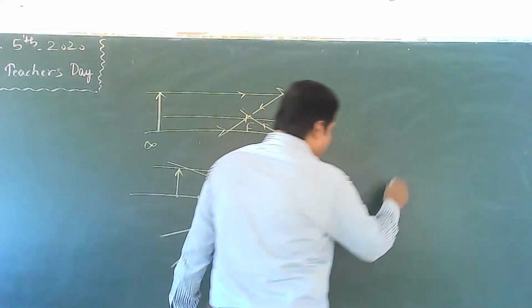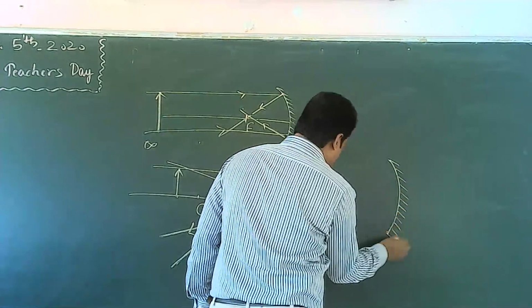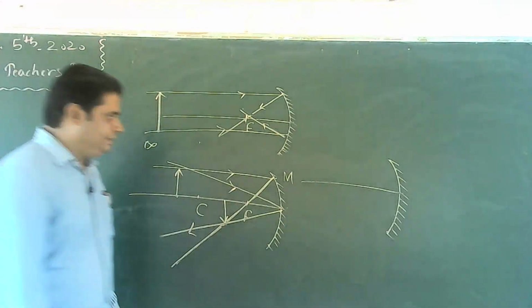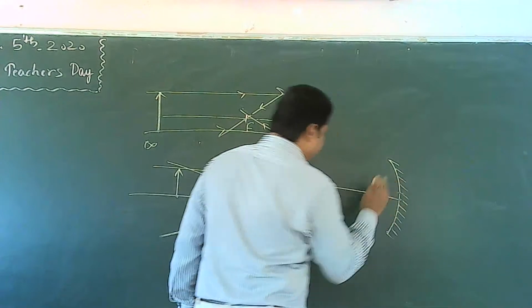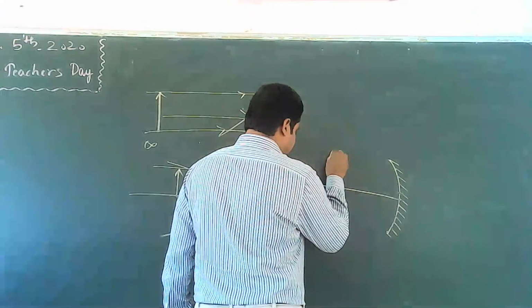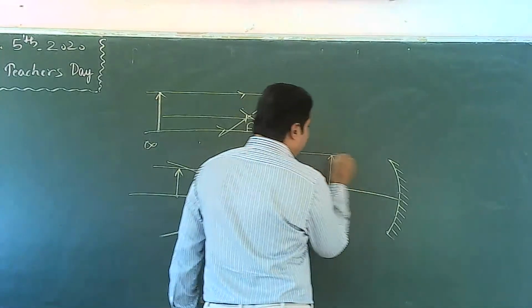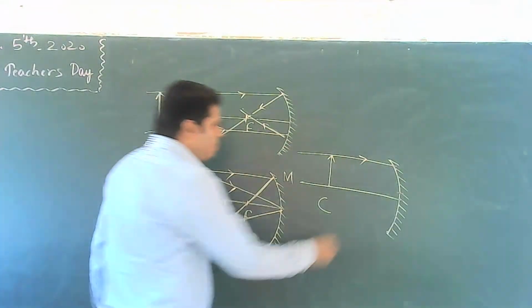Now, when the object is placed at C, say this is C. Then in the usual way, you have to consider any two rays.